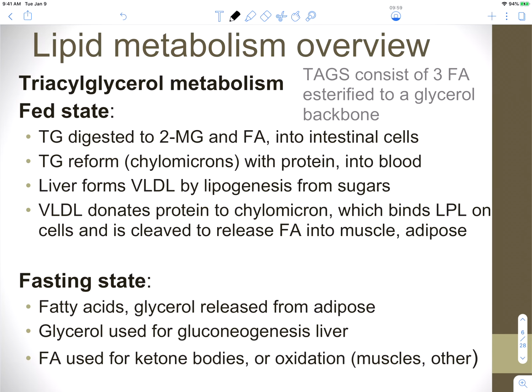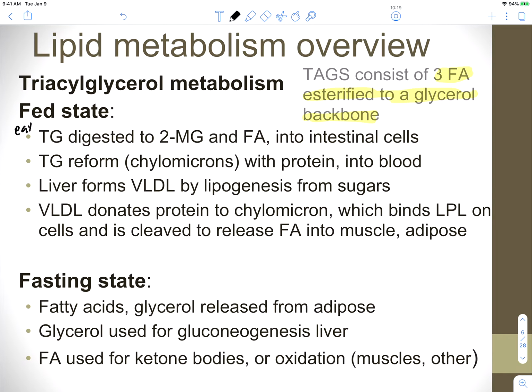All right, so now just as a review of our TAGs, just keep in mind that TAGs, triacylglycerols, are going to be 3 fatty acids esterified to a glycerol backbone. In the fed state, you are going to eat your TAGs.